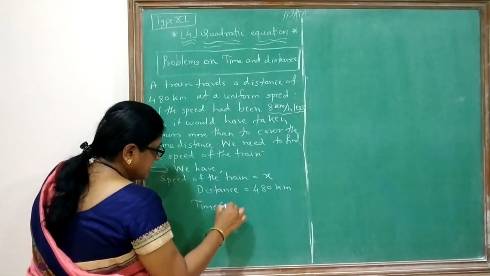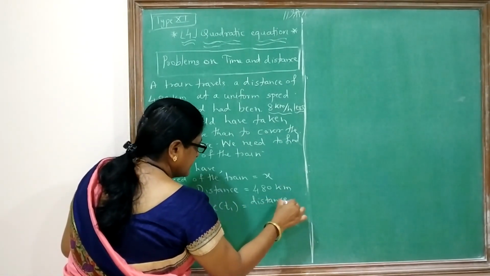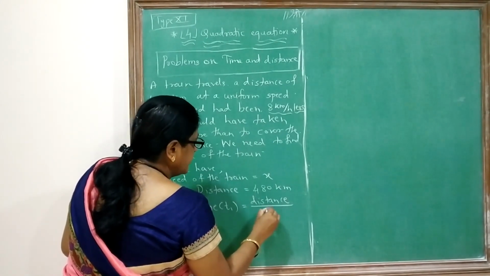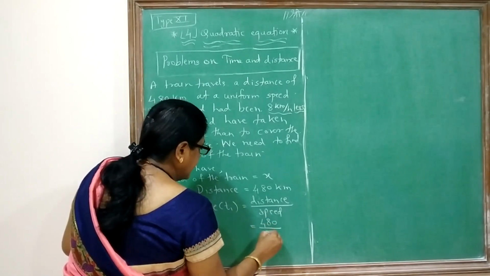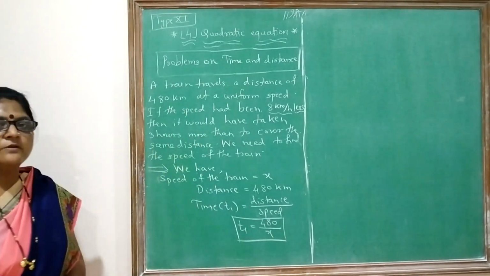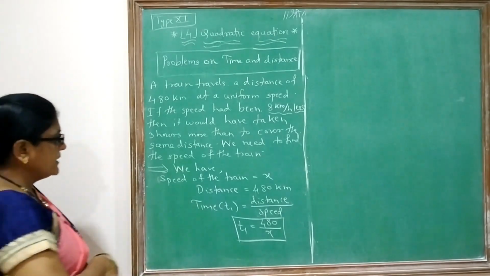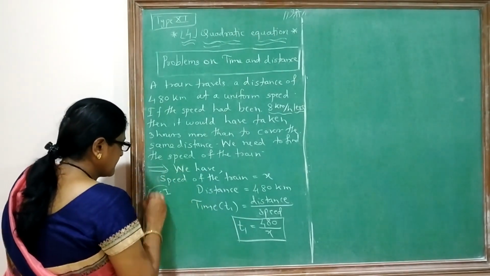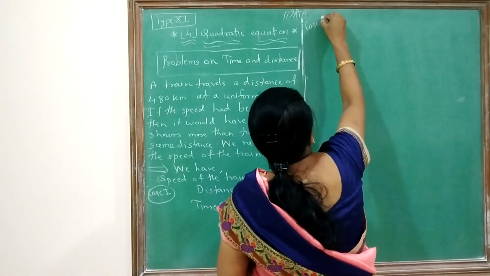Time T1 equal to distance upon speed, equal to 480 divided by x. This is your first time. This is your first condition, case first. And in the second condition, which sentence will be taken here?